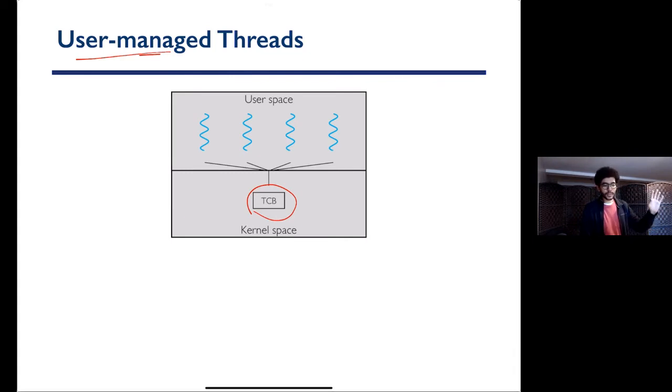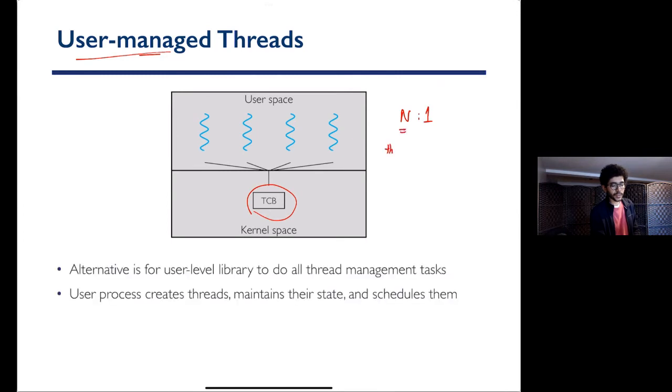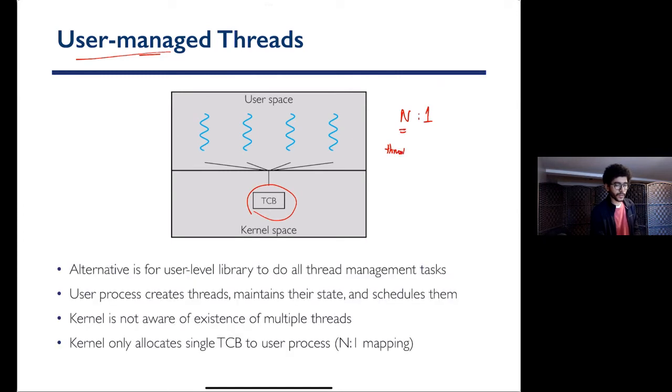And then it context switches between them. It schedules them, it manages them. Now this is an N-to-1 model. So for N threads, I have one TCB. So the kernel is keeping a single TCB, and users are the ones that are managing the threads.